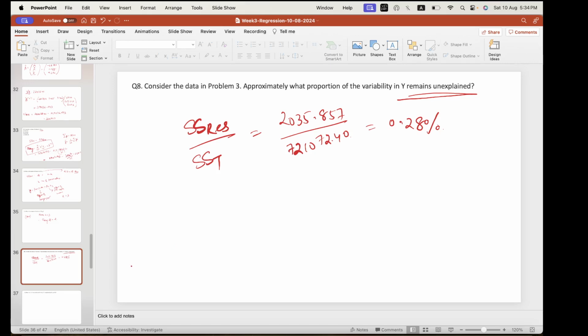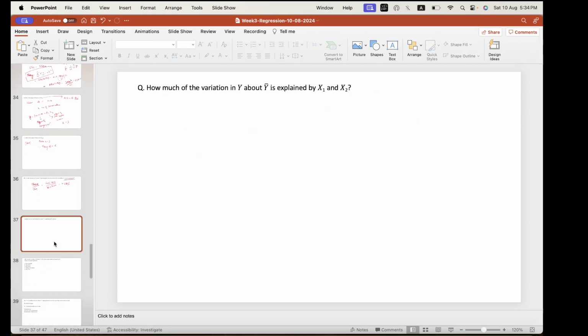Alright, moving on. This is how much of the variation in y about y bar is explained by x1 and x2. This is essentially SS due to regression by SS total, or in other words R square.